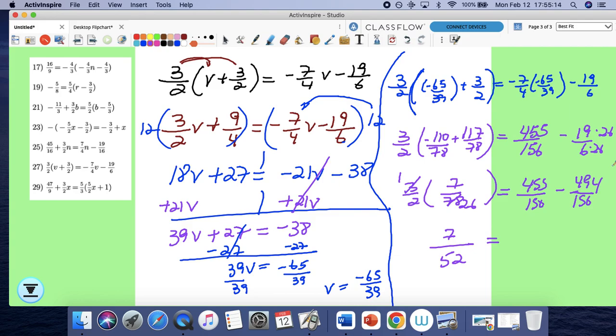We'll just continue that. So 455 minus 494 is negative 39. That's 12.